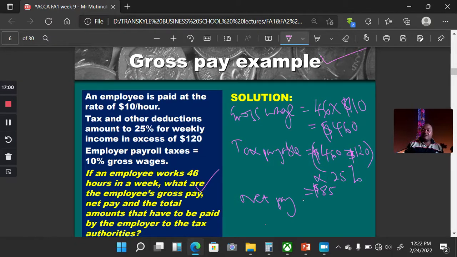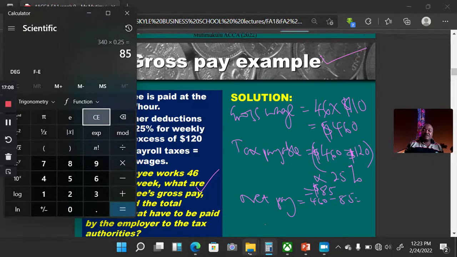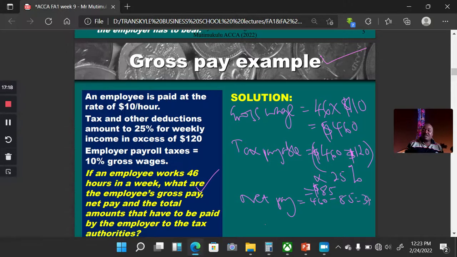So which is equal to 460 minus 85, and we get how much? 460 minus 85, so this guy is going to take home $375. That's his net pay. That's the pay packet amount.